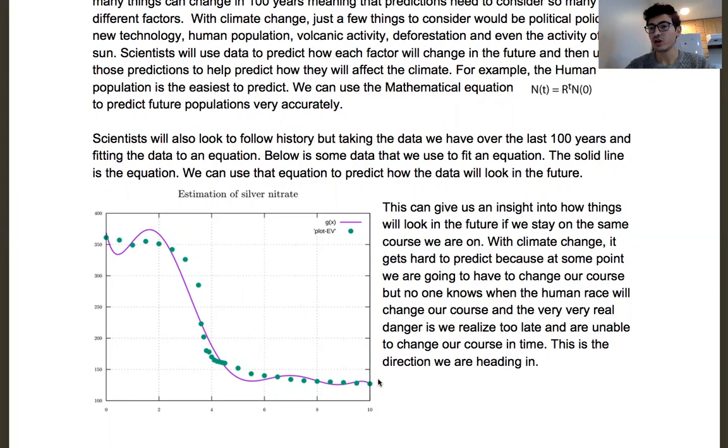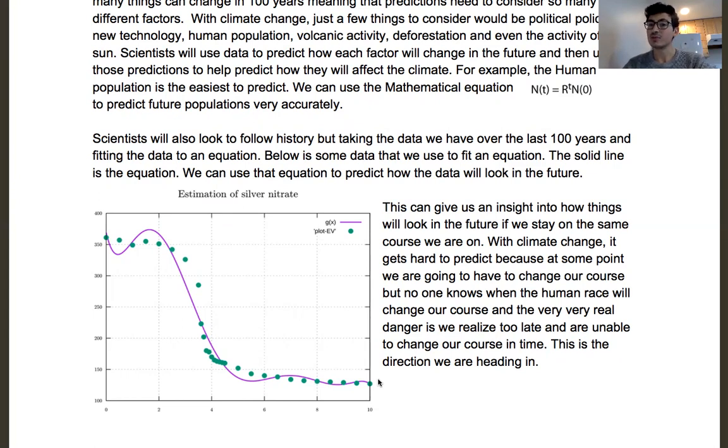In astronomy, we do this a lot with the stars, trying to look at the life of a star. We'll model the data, what's going on right now, and that will help us predict what will happen in the next 1,000 years, next million years, next billion years. Because in astronomy things happen on a much slower time scale, we can predict billions of years into the future and still have accurate predictions, because there aren't these different factors that are going to affect them.